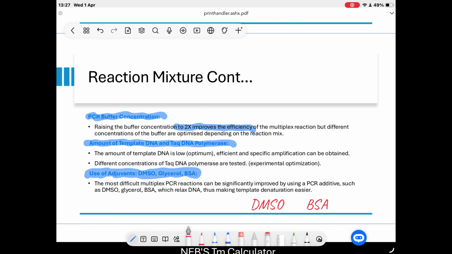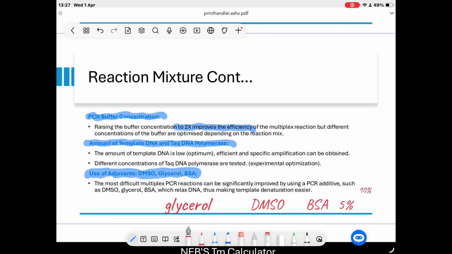DMSO molecules physically intercalate and disrupt the water lattice structure around the DNA. They compete for the hydrogen bonding sites on the bases, effectively weakening the interaction between the 2 DNA strands. Wow. Yeah, by adding 5% to 10% DMSO, you physically lower the melting temperature of those stubborn GC-rich regions, forcing them to peel apart and allowing the Taq polymerase to access the sequence.